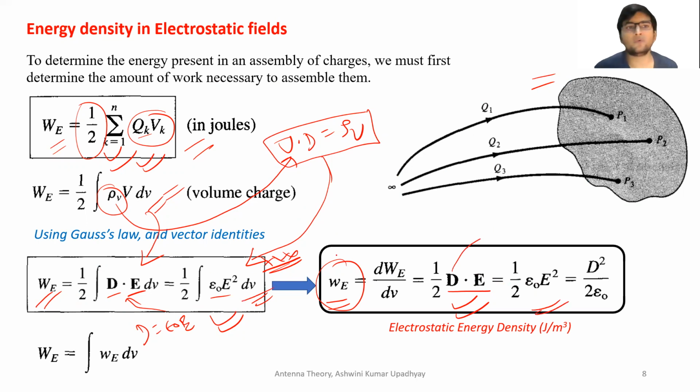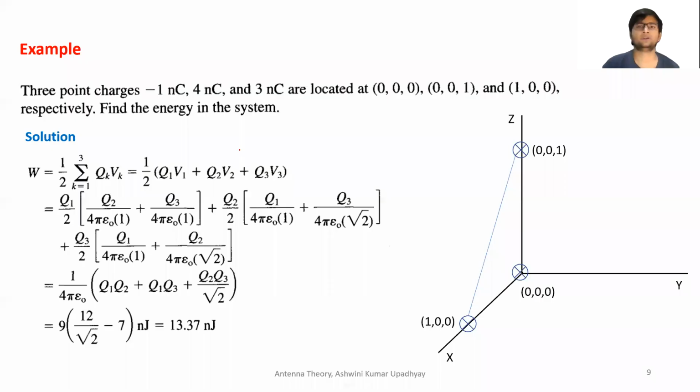So this is how we get our energy density due to the system of charges, or volume charge distribution, in the form of electrostatic fields.